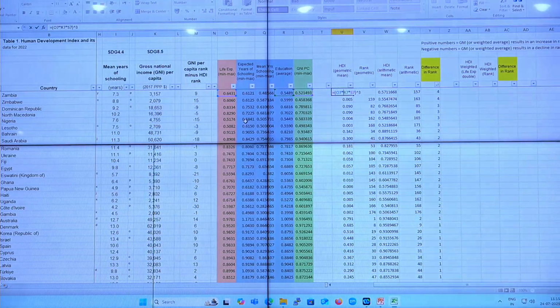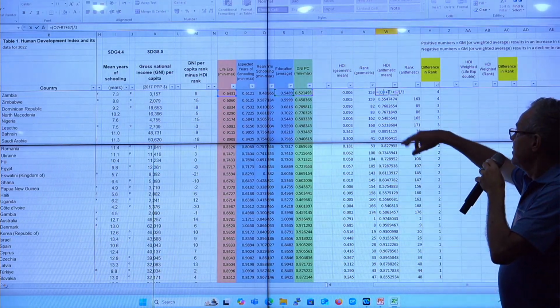Then the same is true for the arithmetic mean. All you do is, you're basically adding the three values together and dividing by 3.